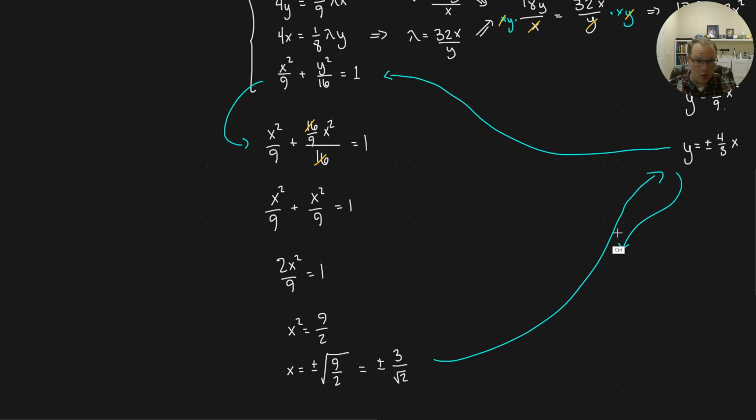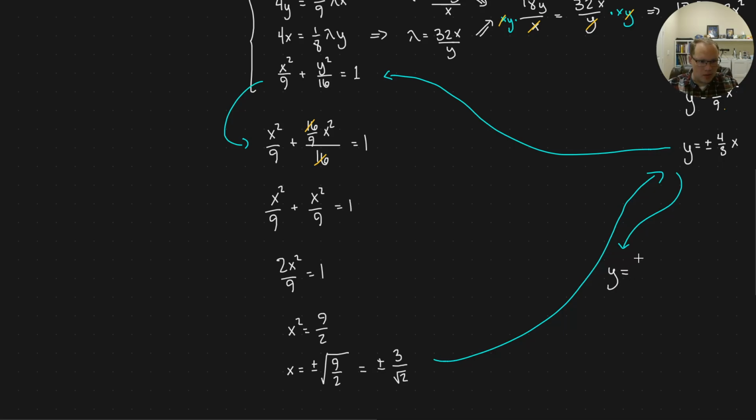Okay, so both signs can change and they don't necessarily change together. So I'm plugging in x and it could be either positive 3 over root 2 or negative 3 over root 2. And then when I plug it in, I want to consider all possible y. So y could be plus or minus 4/3 x, and x could have two different signs, right?